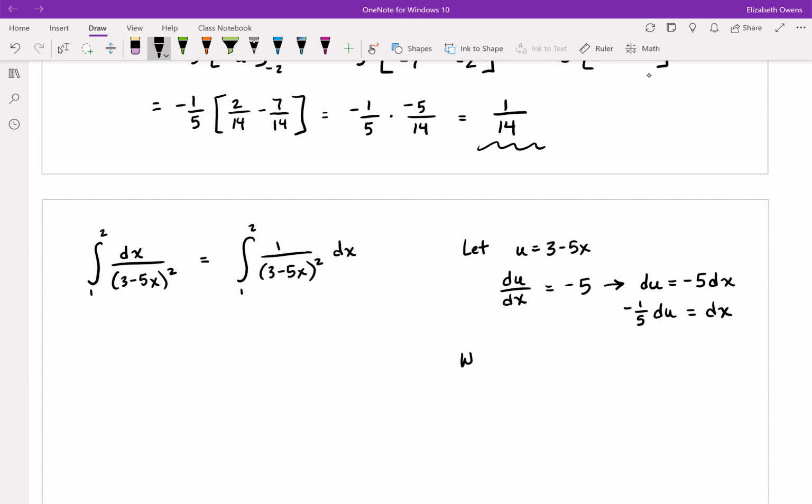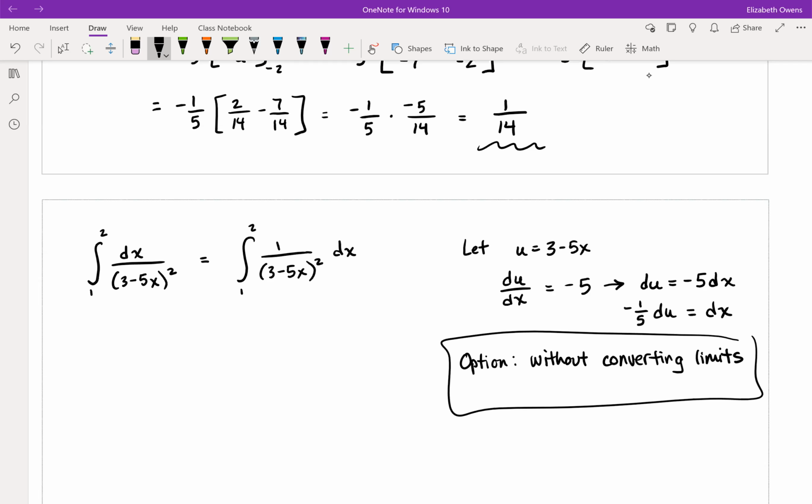Okay, now we're going to do this using the option of not converting the limits. Without converting limits. All right, and I'm just writing that as a note for us. You don't have to write, hey, I'm doing this without converting the limits.